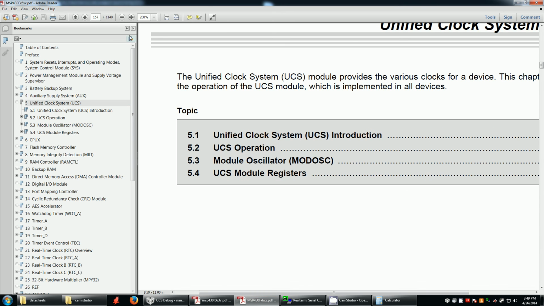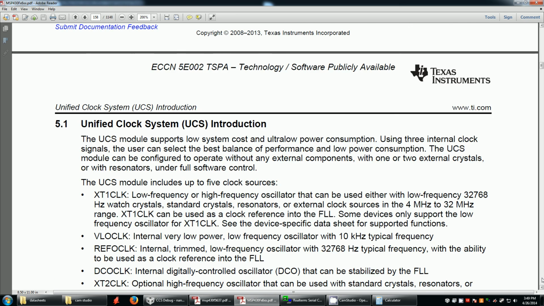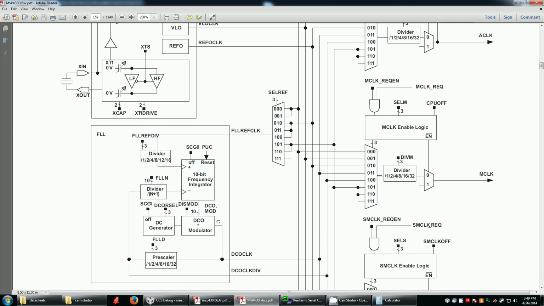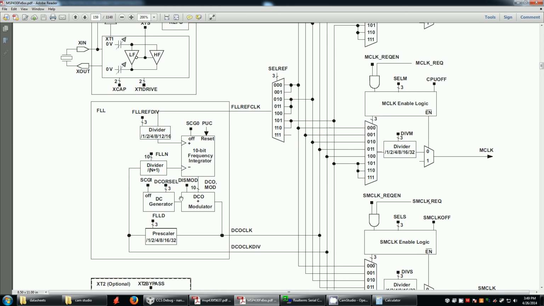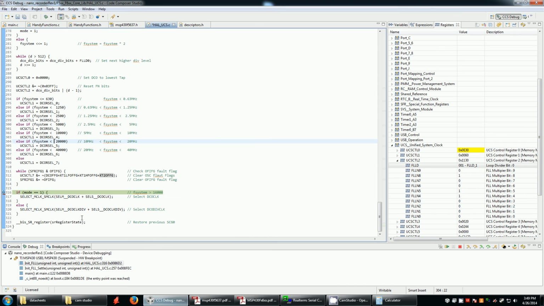And that's controlled up here by this frequency lock loop. See, DCO mod, it controls the DCO. And so that's pretty much all there is to it. Down here you select what your sub-main clock and main clock will be sourced from. Our mode is 1 because our frequency is greater than 16 megahertz.